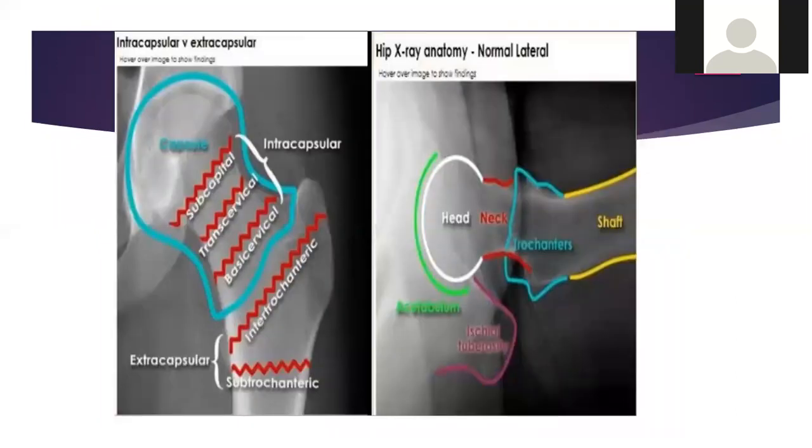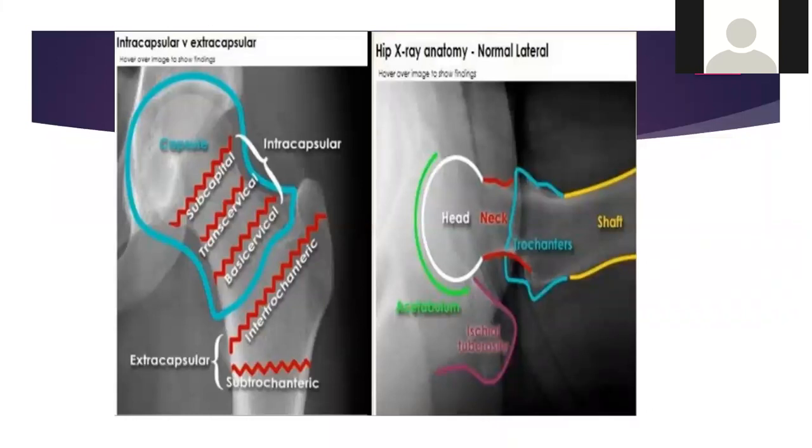Another one is about the surgical or anatomical segmentation of the femoral head, concerning the capsule: this is the intracapsular part, and then the extracapsular part, which includes the intertrochanteric area and the subtrochanteric area. That photo is the axial view for the plain X-ray, and it is difficult to manipulate.